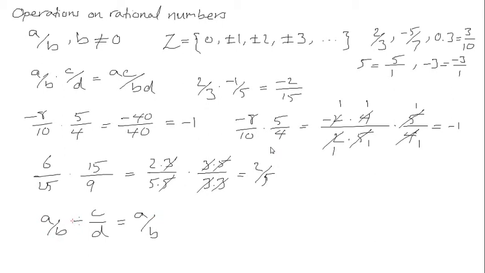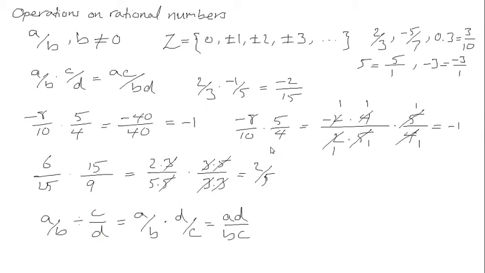You convert the division into multiplication, and you invert the second rational number. By inverse I mean you flip it. So d goes on top and c goes at the bottom. And then you can do the multiplication. So this is ad over bc.